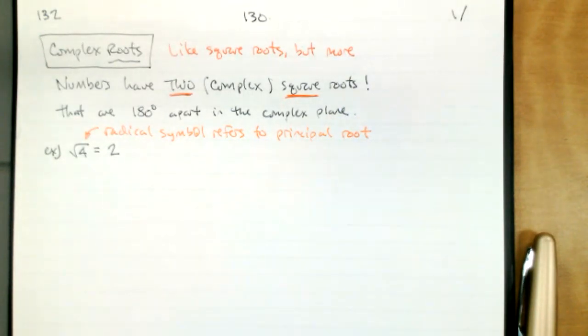So when we write the radical symbol, if I want to refer to the negative square root of 4, I have to put a negative in front of the radical. But if I just write the square root of 4, the answer is 2. We just write 2.